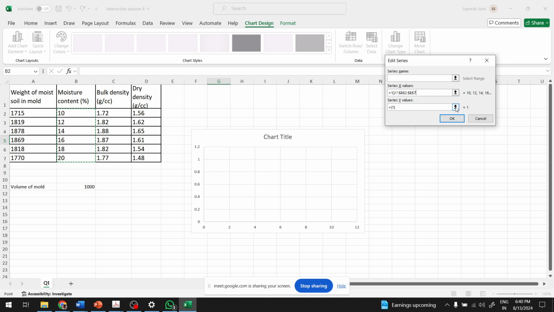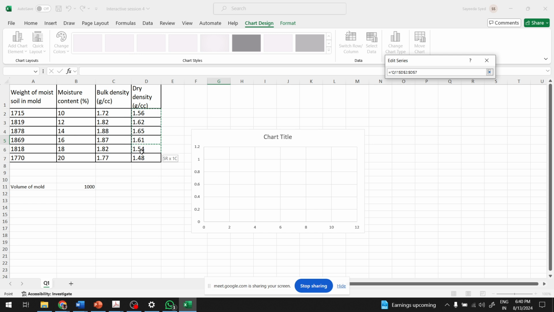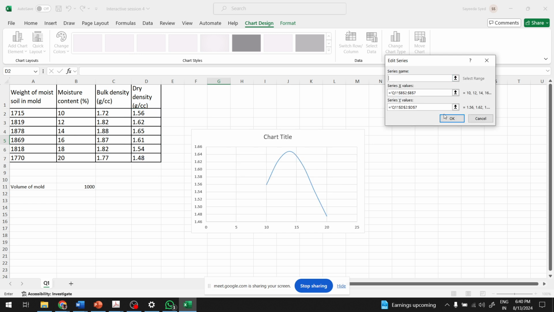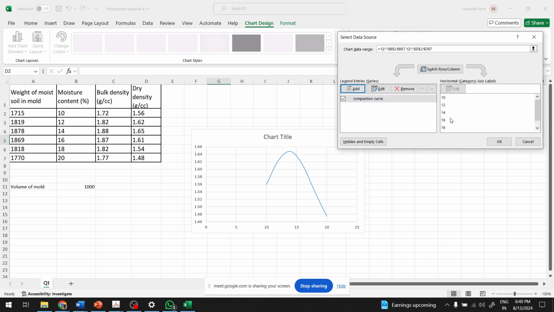On the y-axis, we will have the dry density. And the series name, let's say compaction curve.